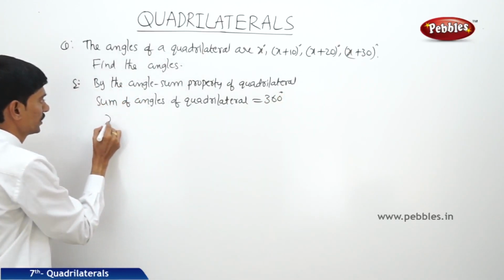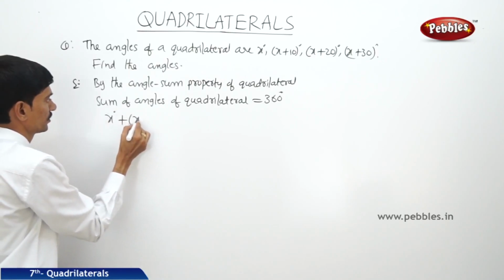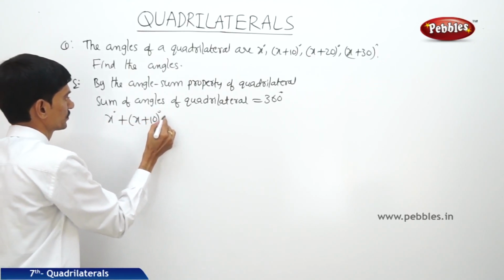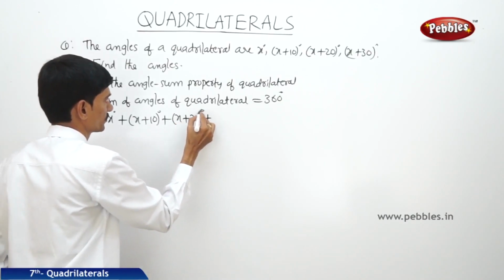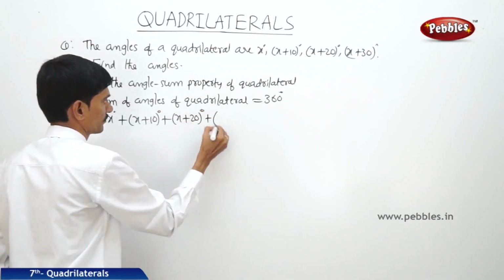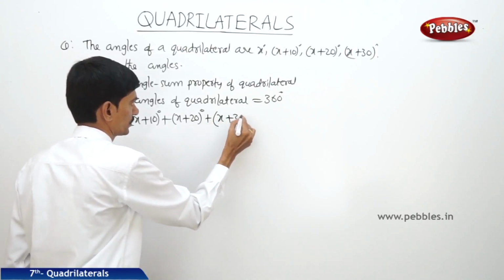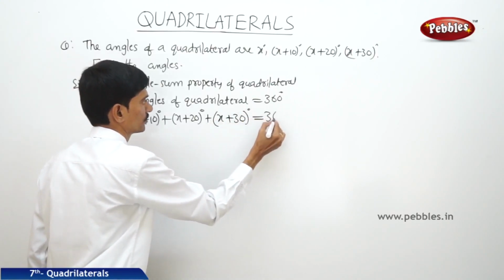Then x degrees plus x plus 10 degrees plus x plus 20 degrees plus x plus 30 degrees equals 360 degrees.